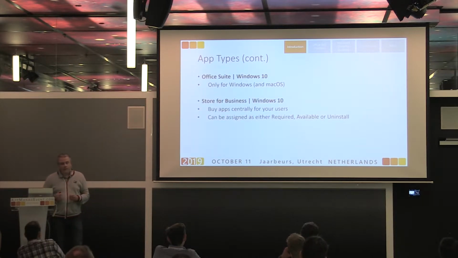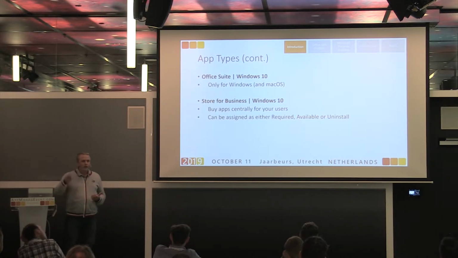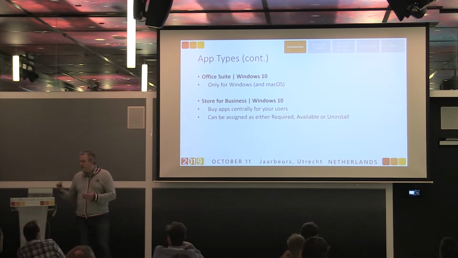Of course, there's also the connection to the Microsoft Store for Business, where we can centrally acquire apps from the store and push them to our users. So, for instance, I had a discussion at the table earlier today about a good PDF annotation software, and it's hard to find in the store because the native Adobe doesn't work, and the native Windows 10 doesn't provide features like that.